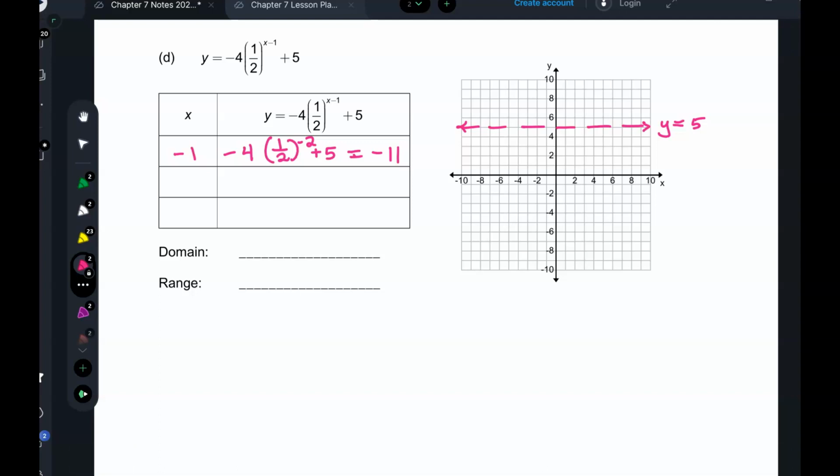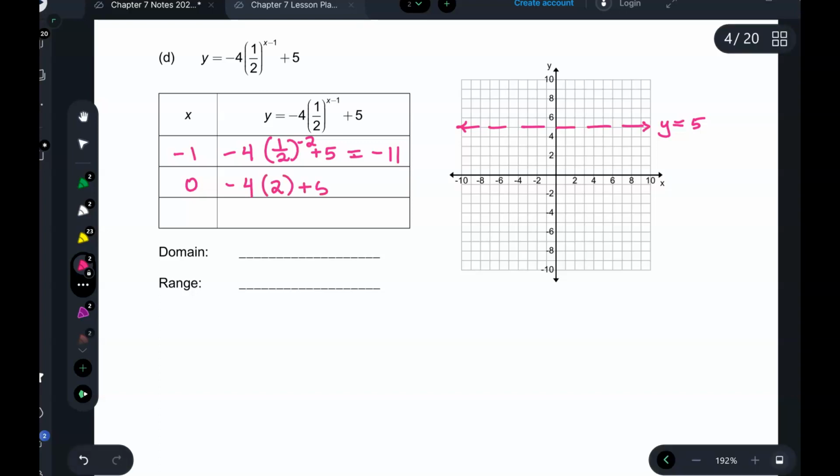Let's plug in 0 and see what happens. That's going to be -4 times 2 plus 5, because 1/2 to the -1 would be 2.